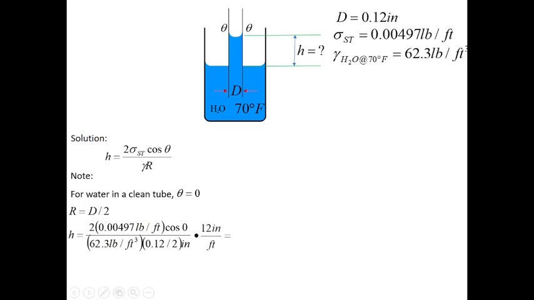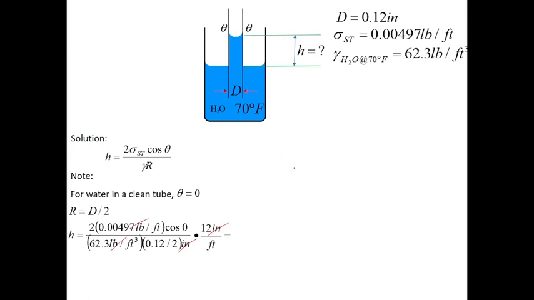For every 1 foot, there are 12 inches. So 1 foot is equal to 12 inches. Therefore, we can eliminate inches and we are now consistent. So what is the final unit?